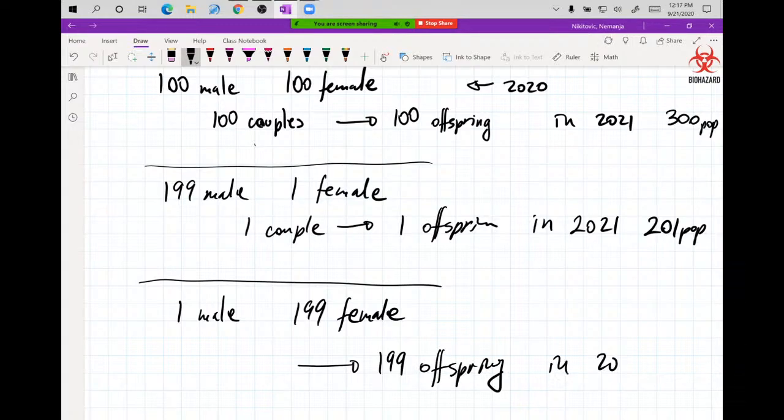And in 2021, you're going to have 399, right? That's 200 plus 199, 399 population. So you see that the rate of the growth of population depends on the ratio male to female.